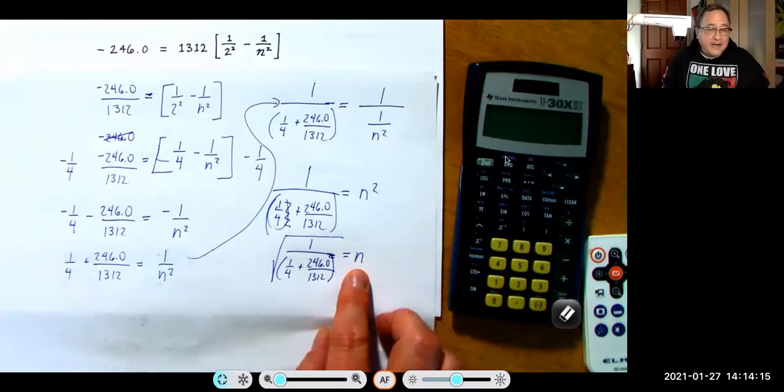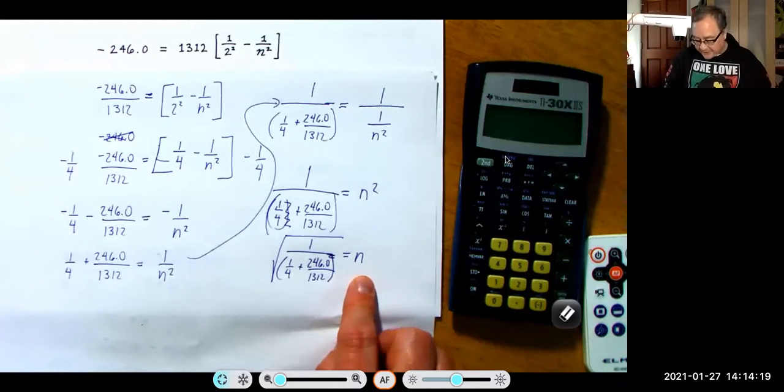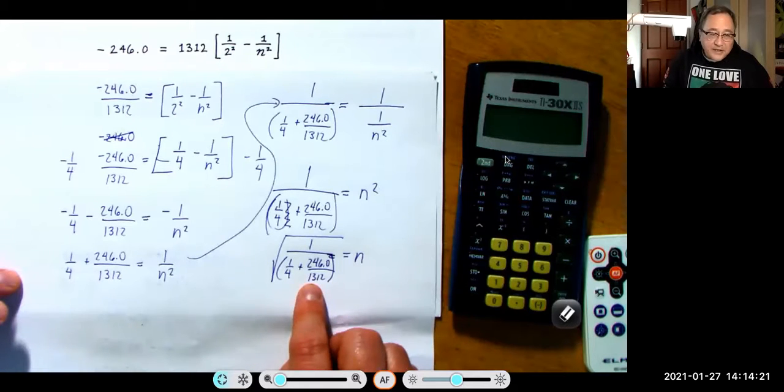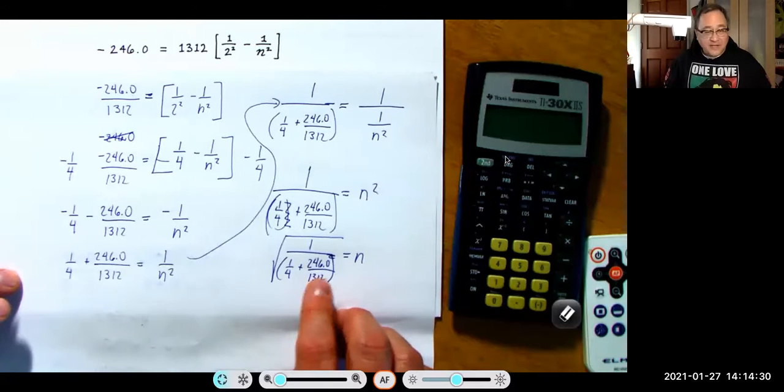And let's make an estimate as to the value of n. We're going to do this in our heads. Approximately what is 246 over 1312? Well, I know that 246 will go into 1,000 4 times, so it'll go into this 5 times.